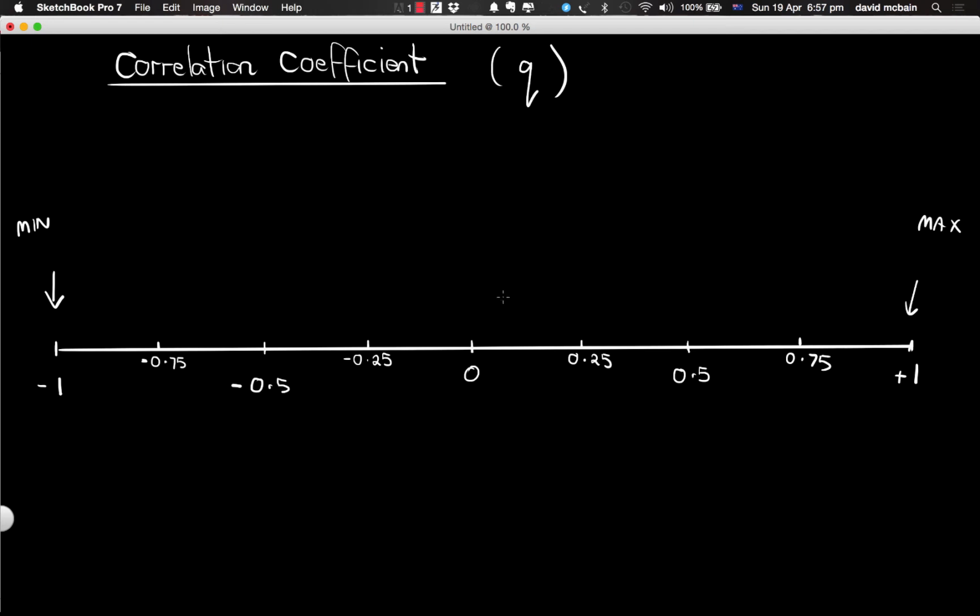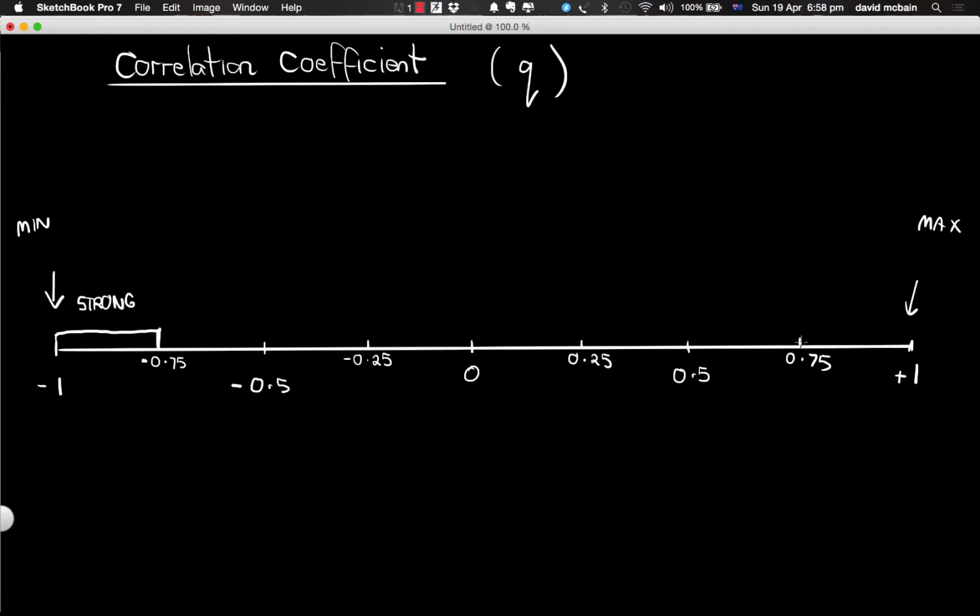Now if you get a value between, let's say, -1 and -0.75, so if your correlation coefficient ends up a value in there, then we would call that strong. But that would be strong negative because it's a negative value.